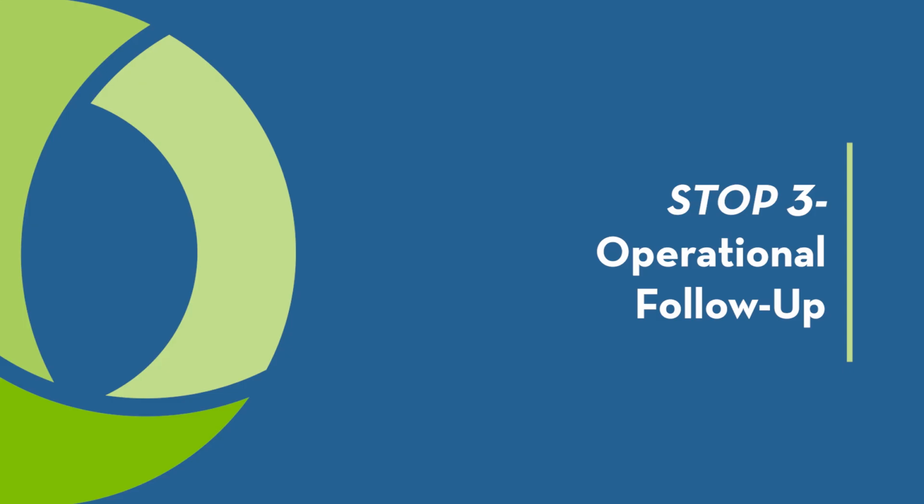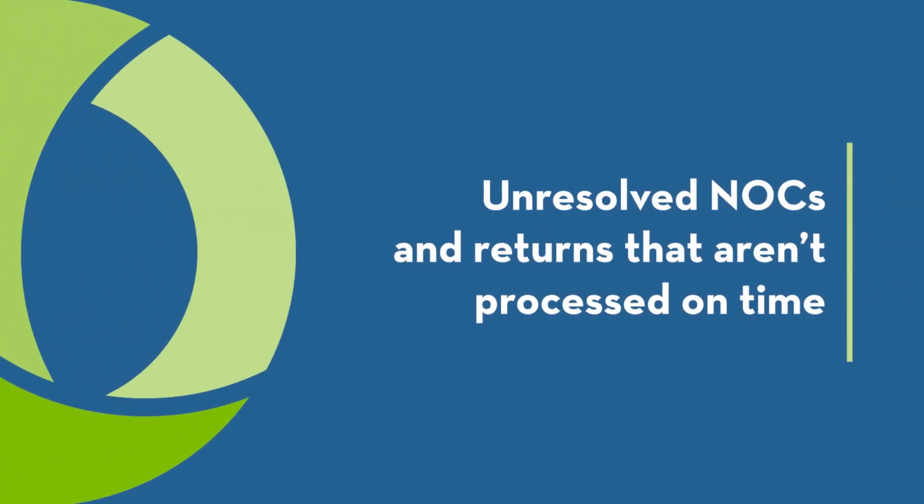Step 3, operational follow-up. Routine tasks become strategic reliability. 2 areas continue to cause problems, and I've talked about these 2 issues since I started out in ACH. And they are unresolved NOCs and returns that aren't processed on time. These aren't complicated rules, they are the basics, but because they're routine, they often get overlooked.